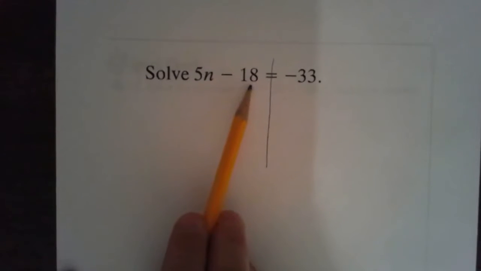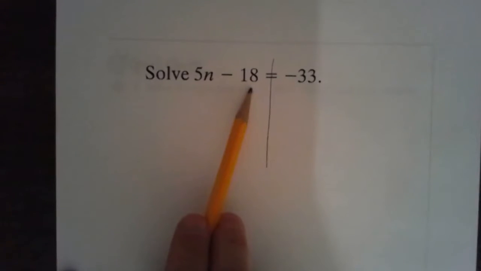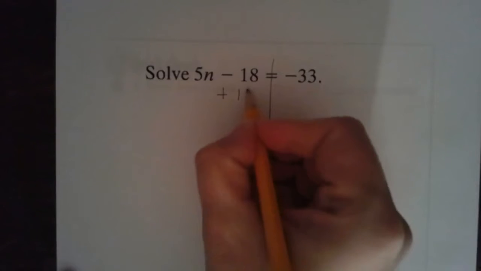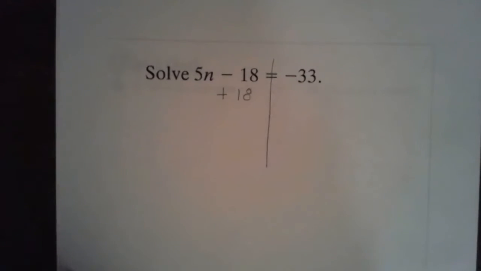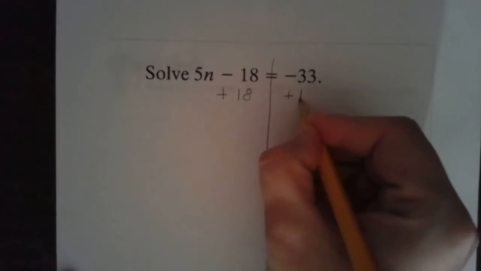That 18 is a little bit farther away, so it's easier to get rid of it. So that's what we are going to get rid of first. I have negative 18, so what's the opposite of negative 18? Well, that's positive 18. And remember, golden rule, whatever I do to one side, I do to the other side.